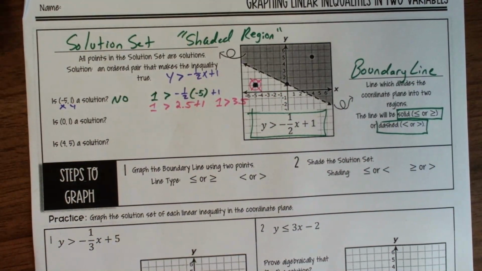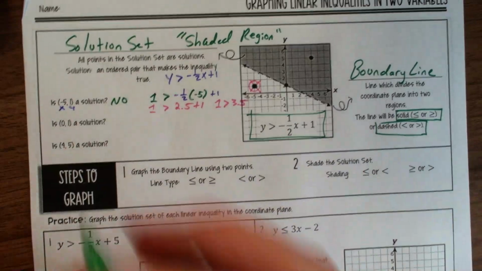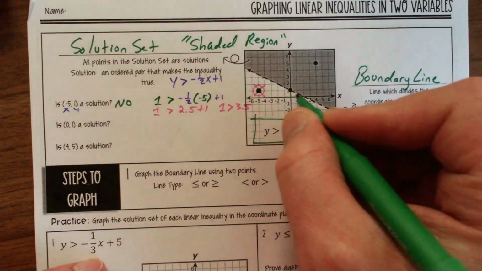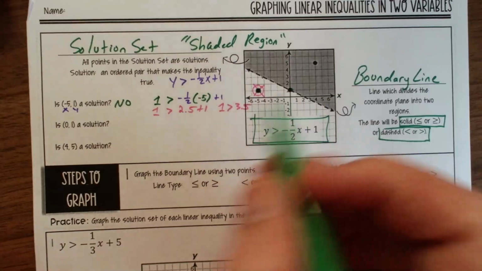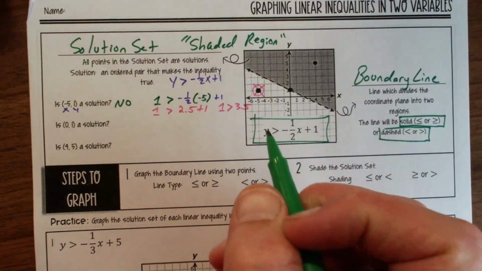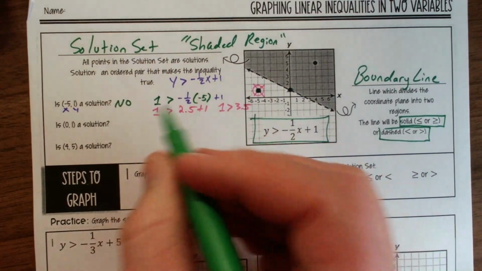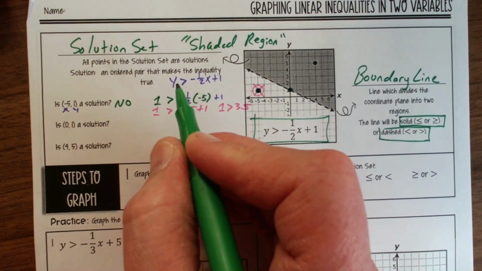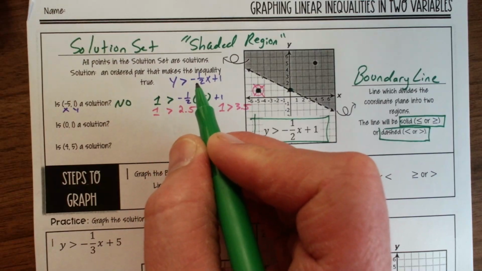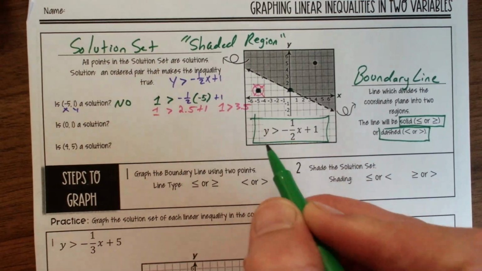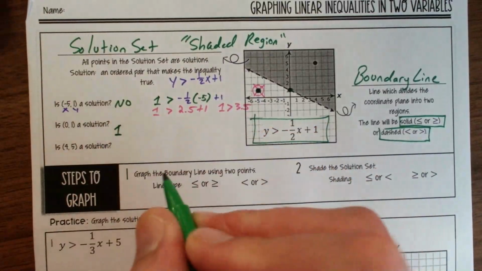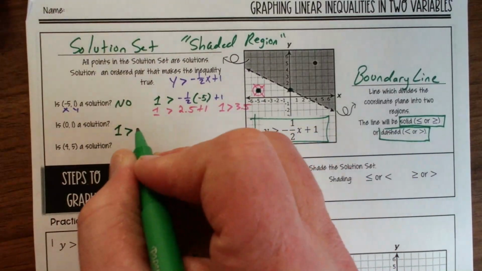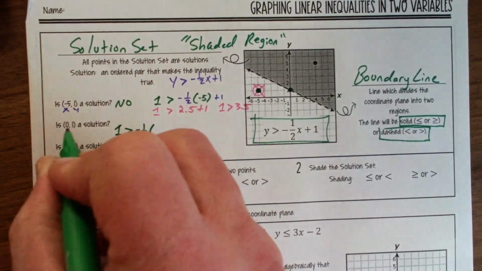The second question, 0, 1. 0, 1 is right here. It is on the boundary line. So because it's on the boundary line, if we plug this in, we have y is greater than negative 1/2 x plus 1. My y value is 1, is greater than negative 1/2 times 0.